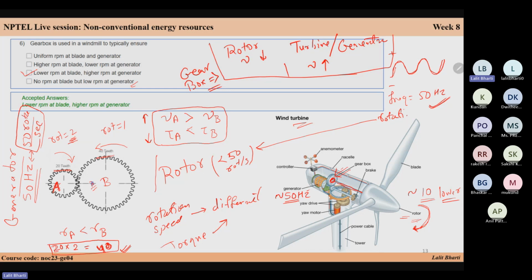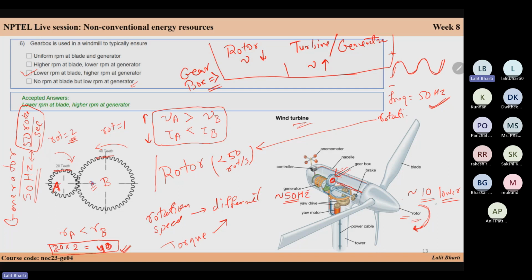So you need 50 rotations per second to get a 50 hertz signal, or 50 hertz AC power. If your rotations are not 50 times per second, if they are higher or lower, you need to maintain it at 50. That is why the gearbox is used between your rotor shaft and your generator.